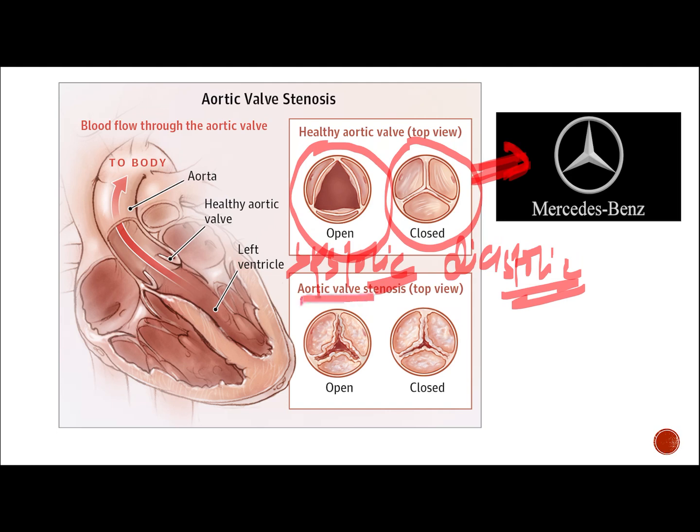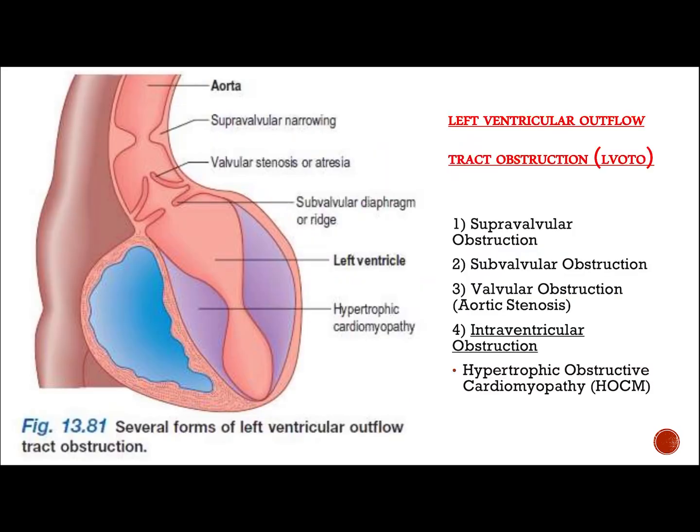Now when there is aortic stenosis, in the systolic phase the opening is very narrowed and the blood cannot flow from the ventricle into the aorta. In the closed state there is no problem because the valve is closed, but when it is open, it does not open fully, causing obstruction to the flow of the blood.